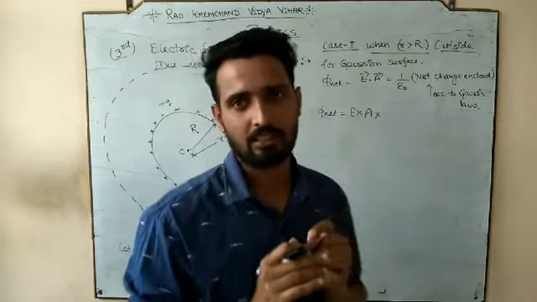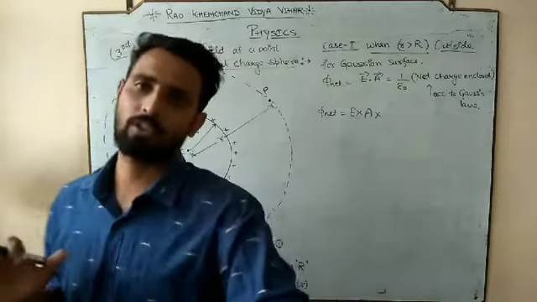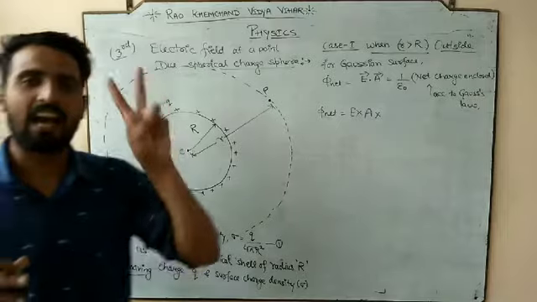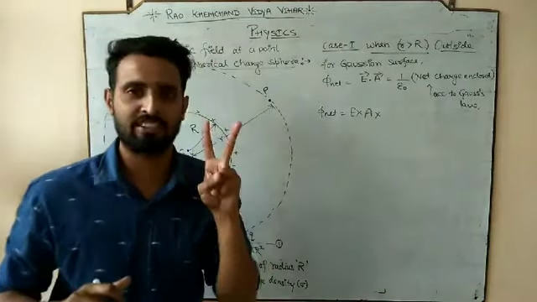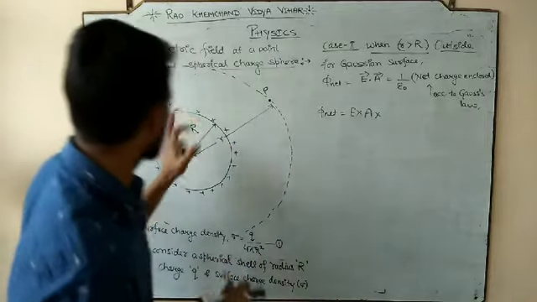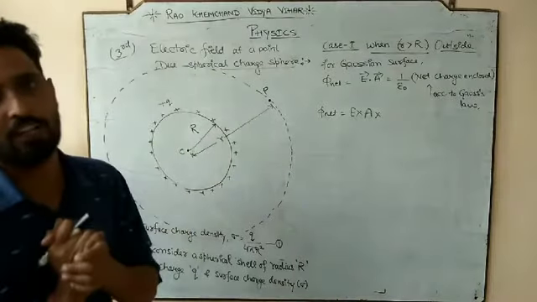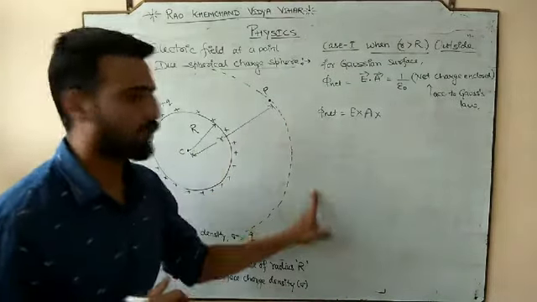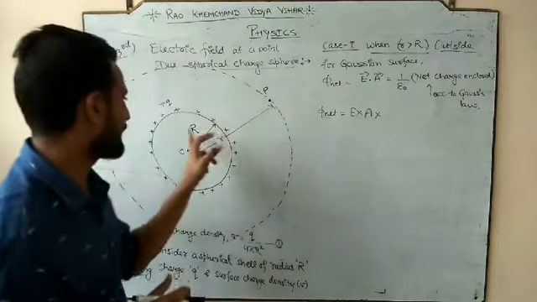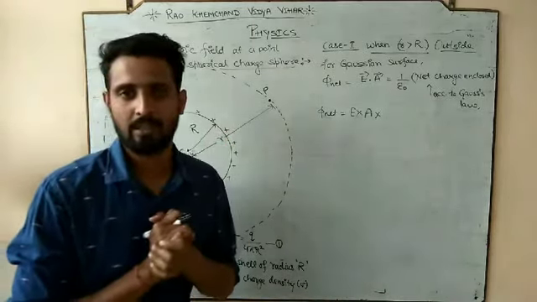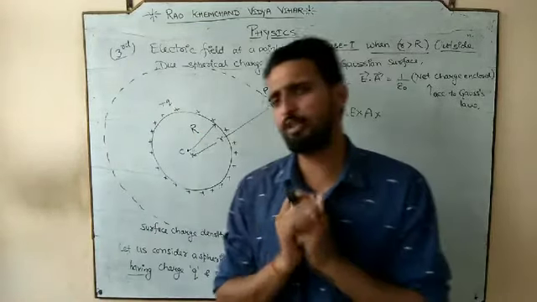But my question is, area of what? Here we have two surfaces. Try to look at the diagram. Surface number 1 is the spherical surface, the actual spherical body. Surface number 2 is the Gaussian surface that we have considered. Both surfaces have different radii, and so both areas should be different.